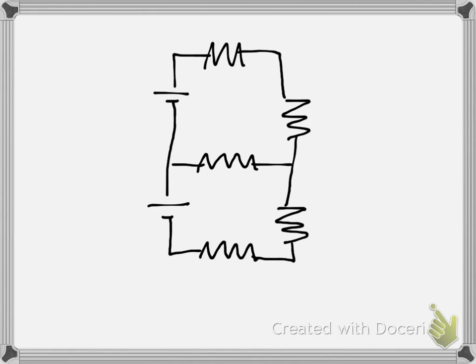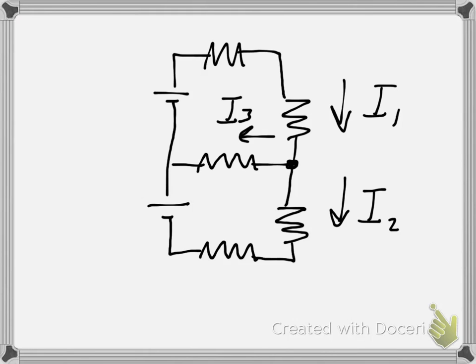Alright, so we have something like this, and we're given that I1 is moving this way, and then I2 branches off this way, and I3 moves this way. And we're given that this is a 24 volt battery. And this is a 12 volt battery. And so we want to know what the total currents are here.